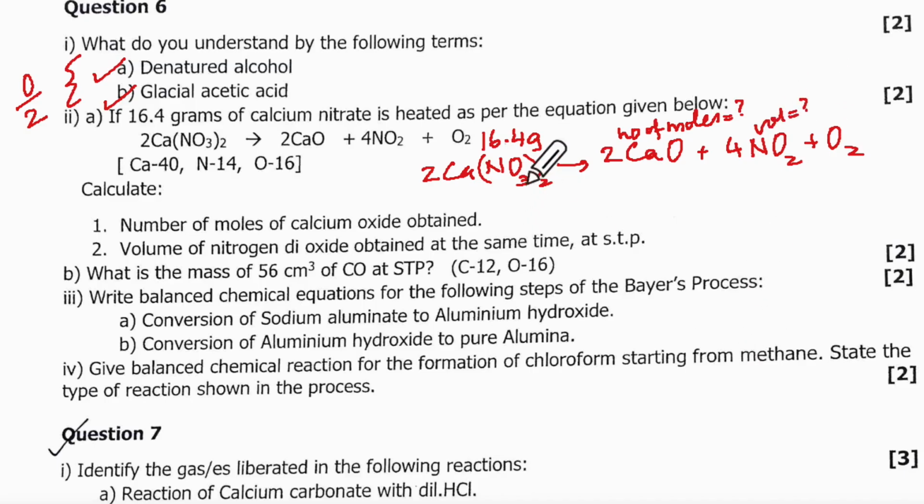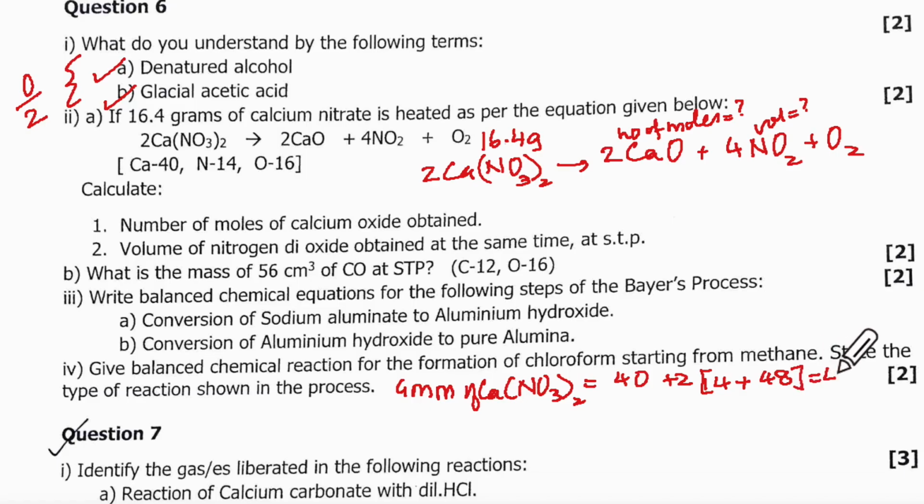So if there is mass, you have to start with GMM. Leave 2 lines and below that you will write GMM of Ca(NO3)2. Ca is how much? 40 plus 2 into bracket N means 14, O3 means 48. How much do you get there? 40 plus this will be 62 into 2 is 124.